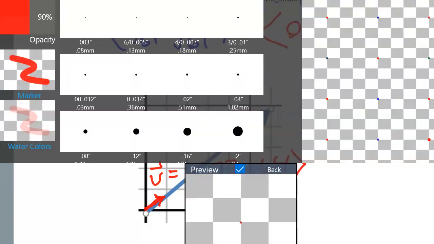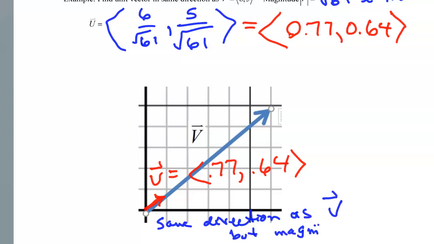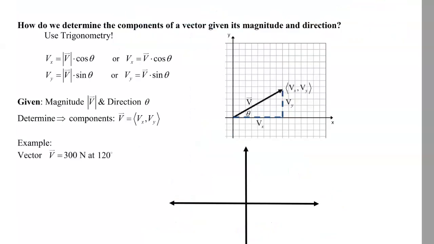And it is the same direction as vector v, but magnitude equal to 1. Okay, that is page 2.